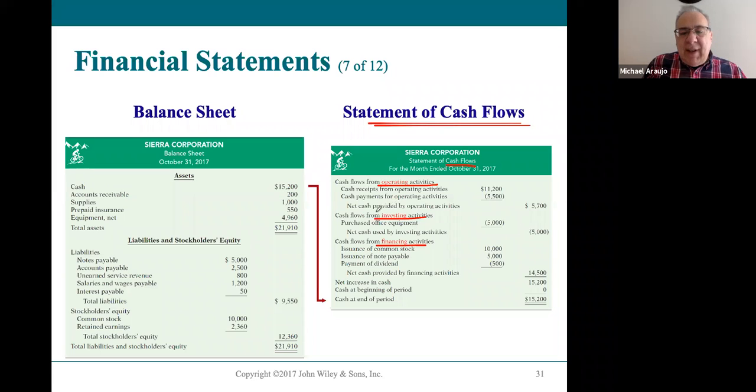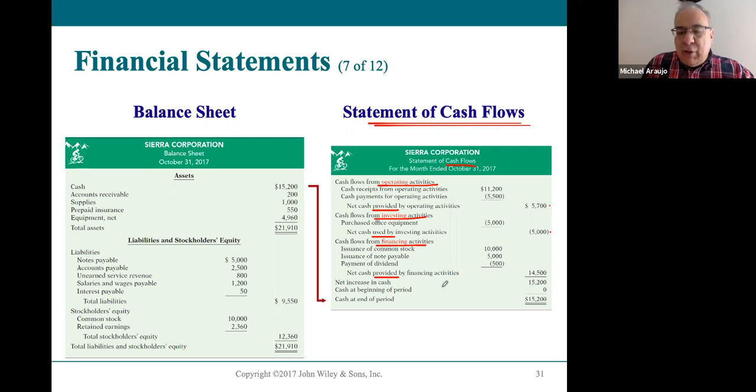So these activities either bring cash into the company, or use cash. So you're going to see either provided or used. The numbers here indicate cash. A positive number isn't really a positive number. It simply means cash flowing in. A negative number simply isn't really a negative number. It simply means cash flowing out.